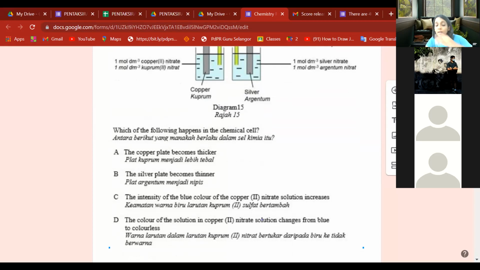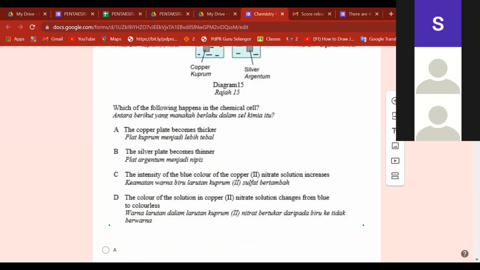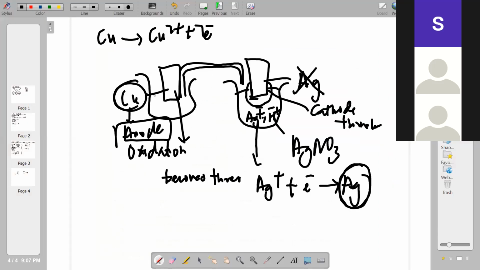Okay, look at C. They say that my copper 2 sulfate becomes more blue. Correct, yes. Why does it become more blue? Let me explain why. Here, I have copper nitrate, which is already blue. What happens is my copper here is releasing more copper 2 ions.